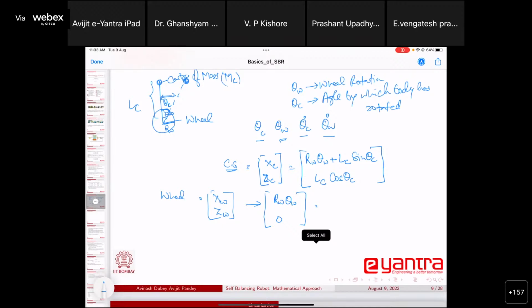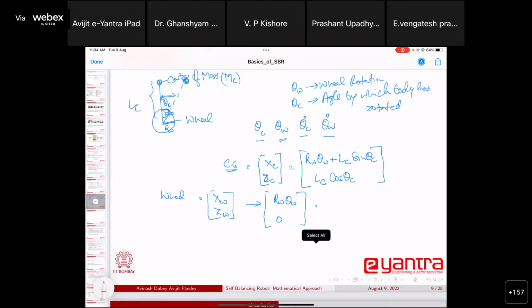Can you explain XC and ZC? Yeah. So basically, your center of mass rotates by an angle theta C, and your wheel has rotated by theta W. There are two rotations: the wheel has rotated by an angle theta W, and your body has tilted by an angle theta C. So what is the position of your center of mass? It has two positions, one in the X direction and another in the Z direction. How does it move in the Z direction?